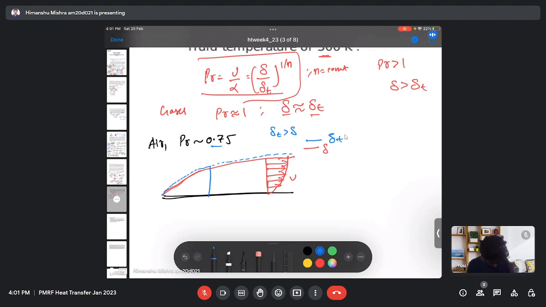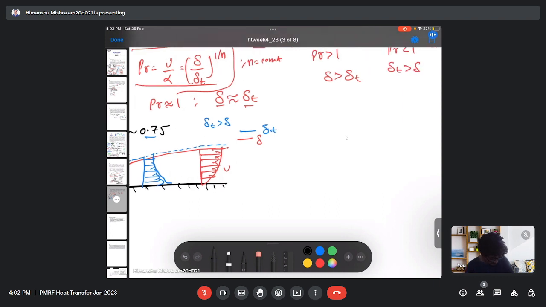So blue shows the variation of temperature. This is my flow surface, and this is the properties of the outside.